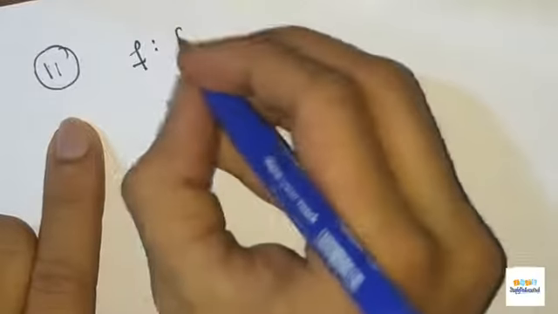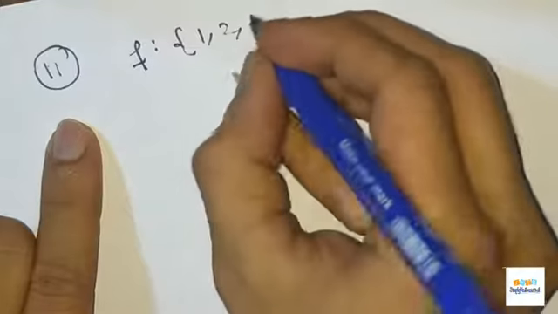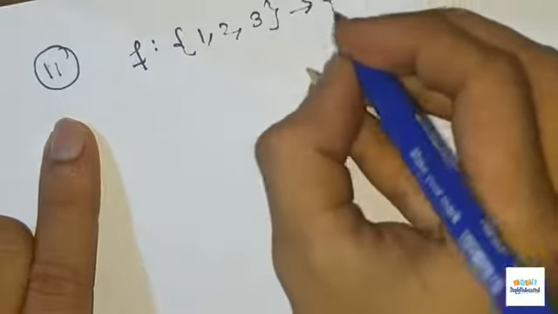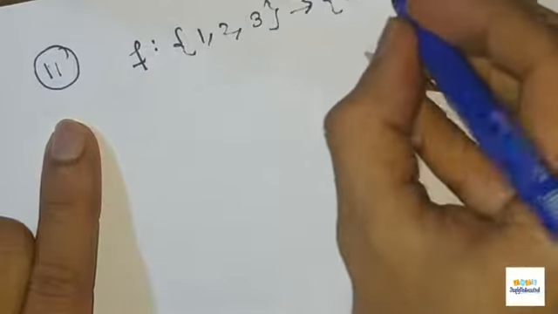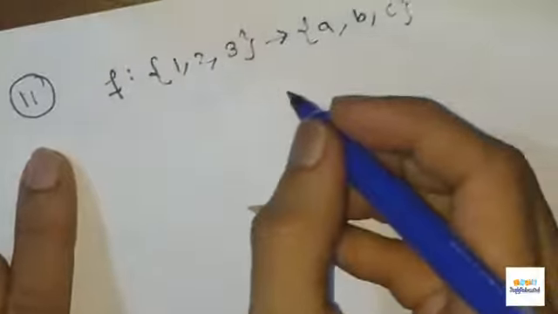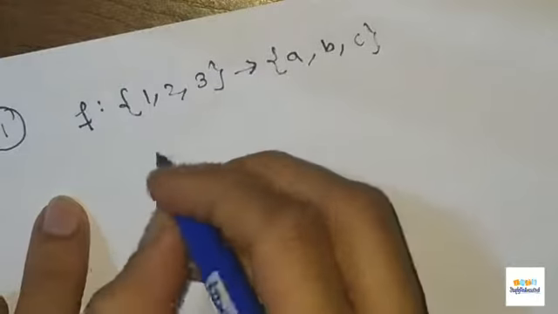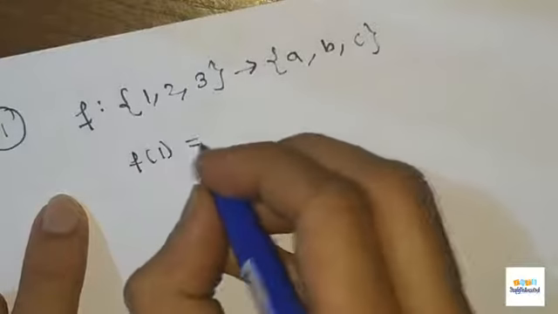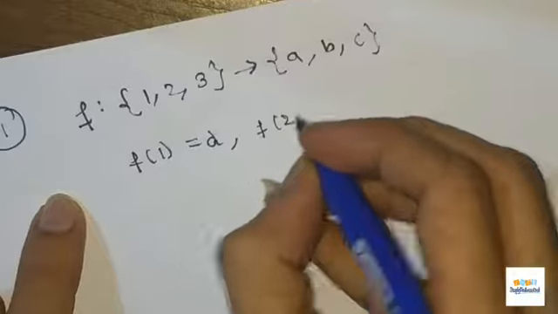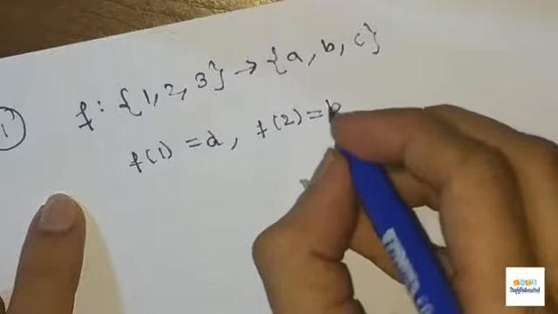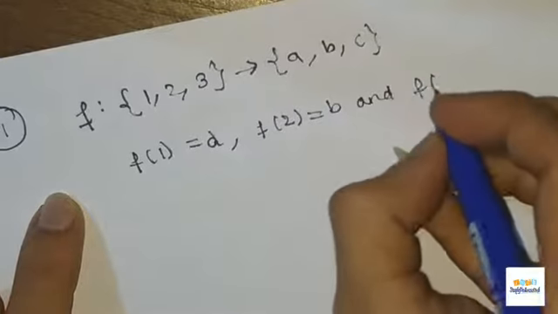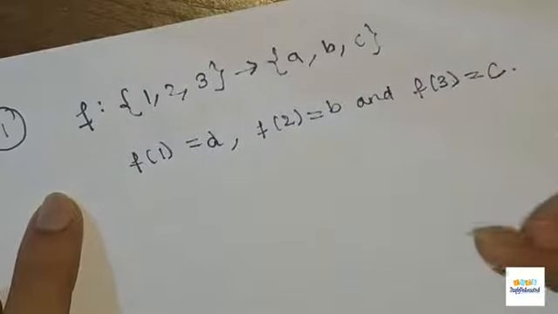So you have a function f from the set {1, 2, 3} to the set {a, b, c}, and the function is defined as f of 1 equal to a, f of 2 is equal to b, and f of 3 is equal to c.